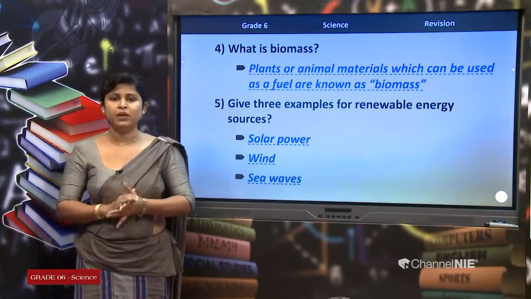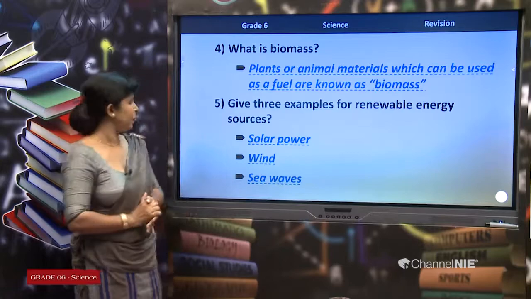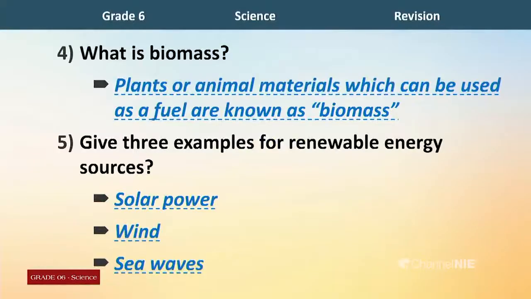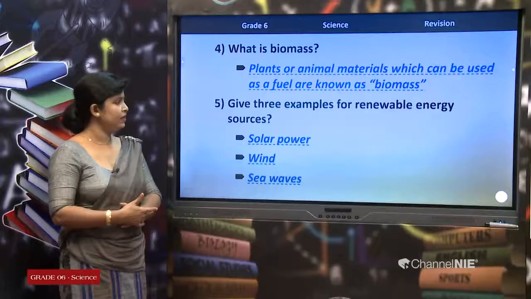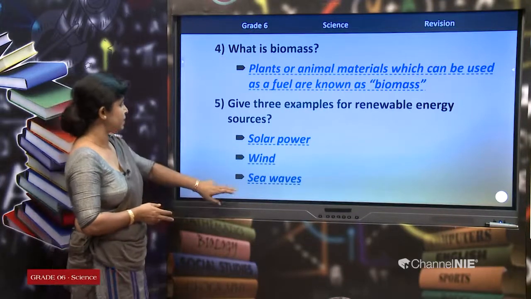That is the difference. Three examples for renewable energy sources are solar power, wind and sea waves. These can be used again and again, so they are considered renewable energy sources.